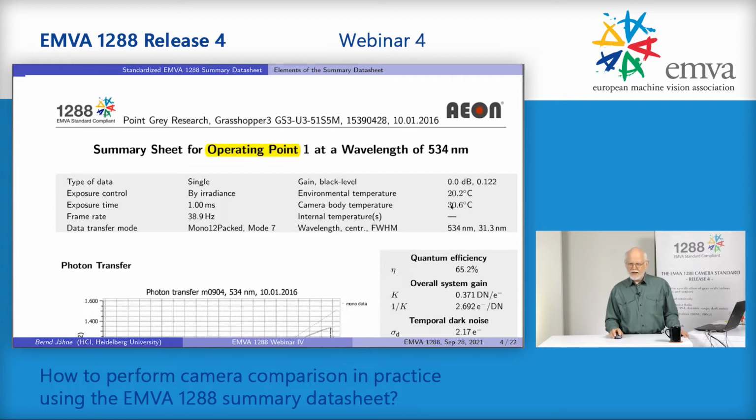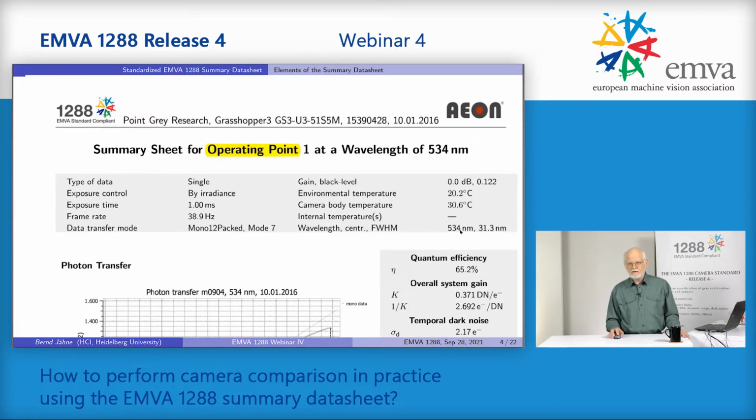So you can compare: if you measure the camera body temperature of your camera as you use it in the application, you can compare how much it deviates from this measurement, and then you can see how well the heat is actually going away from the camera in your application. Sometimes there are also internal temperatures which you can read out of the camera.